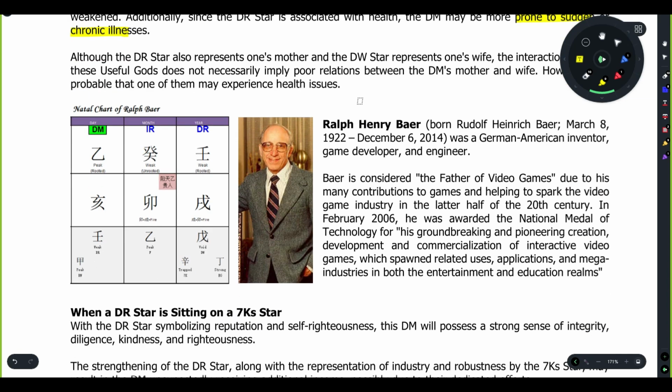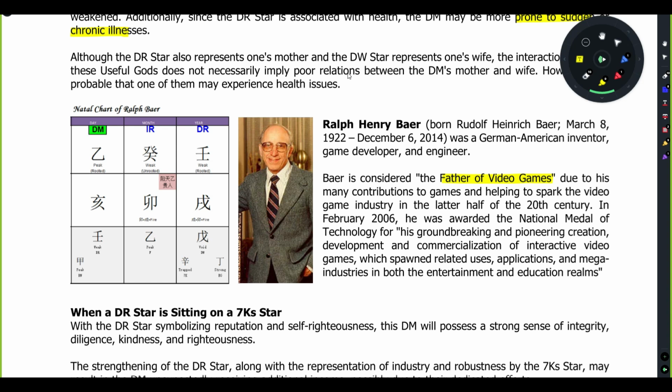If you look at another example of a direct resource, we have Ralph Baer. Ralph Baer is known to be the father of video games. This will be a Yeatwood Day Master, born at the peak of spring during the rabbit month.